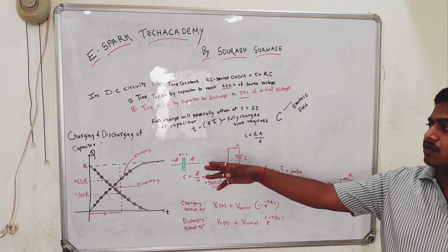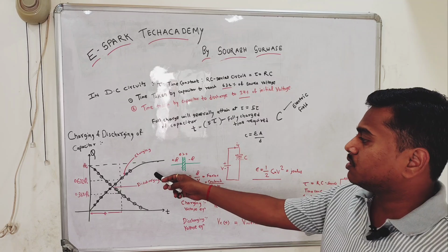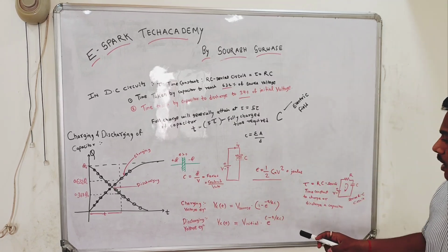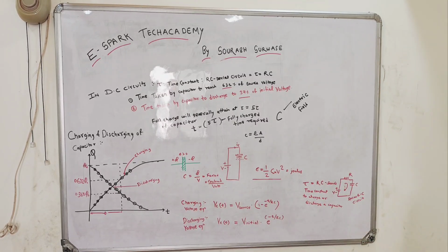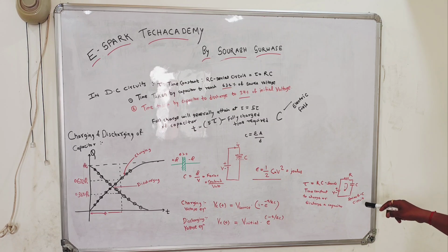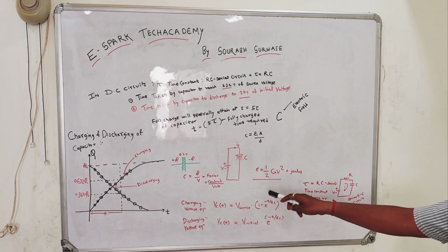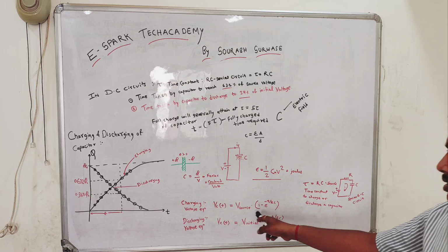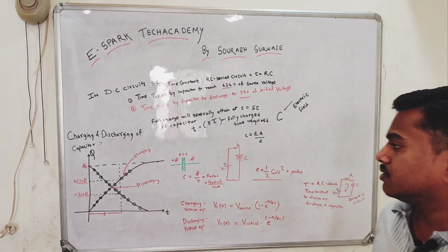Already we have explained the charging and discharging methodology in the previous lecture, and these are the expressions for that. This is the simple RC series circuit from where we have derived these and this graph.